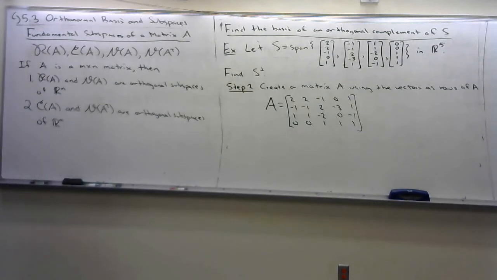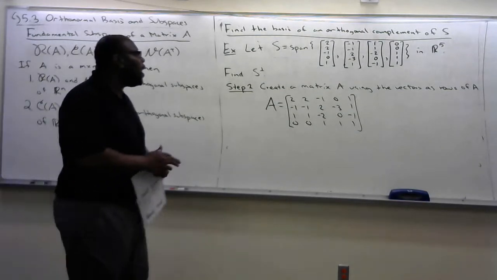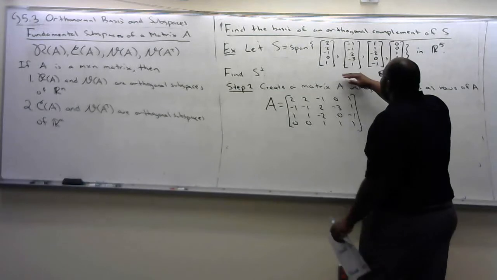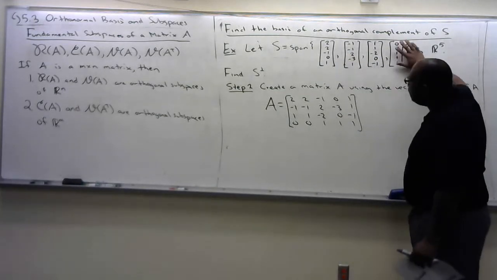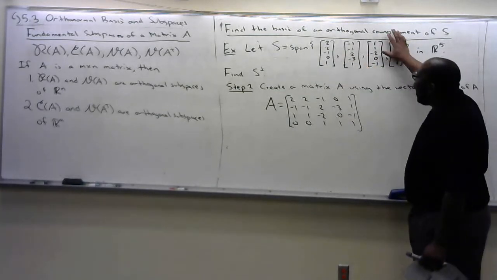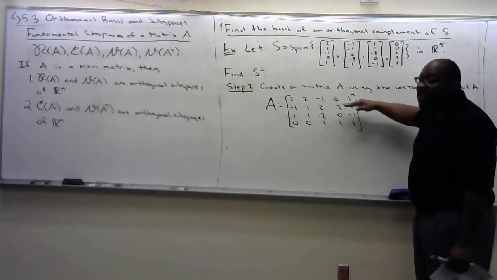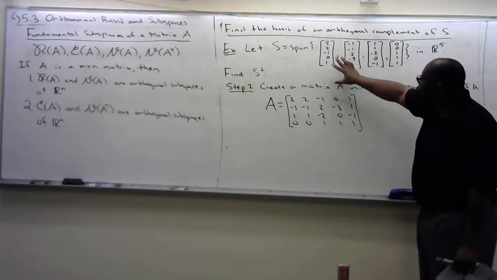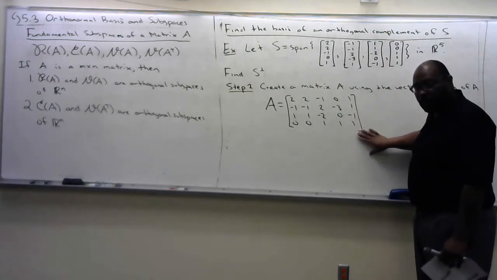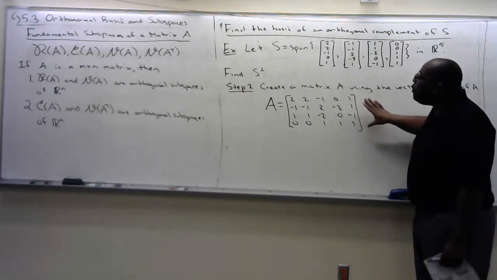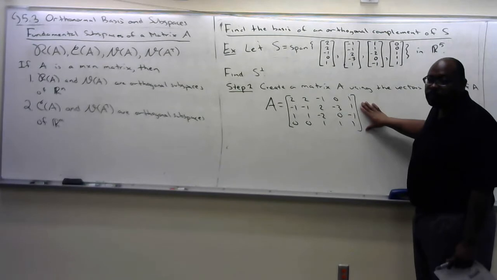Then, remember, I want to use the idea that the row space of A and the null space of A are orthogonal complements. This span of these vectors is just the row space of A, because I put them in as rows of A. What is the row space of A orthogonal to?